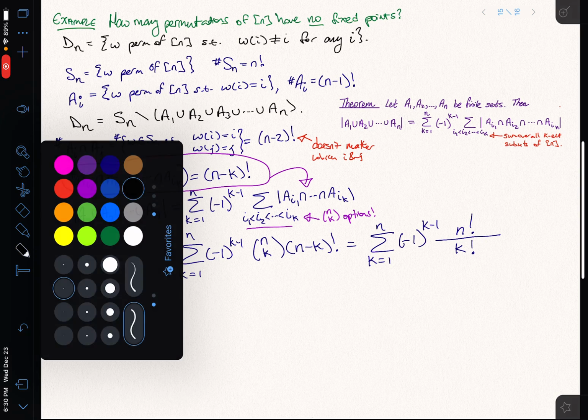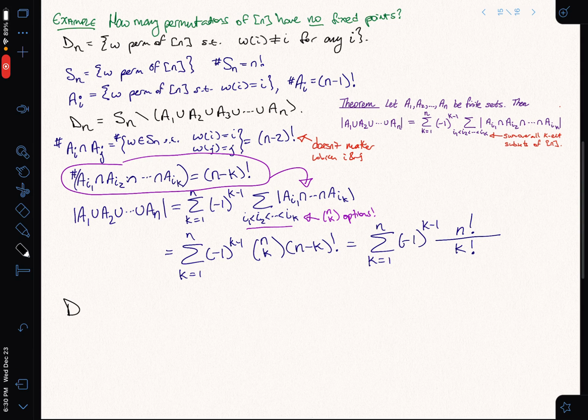Let's get back to the derangement question. So what is the number of derangements? Well, it's equal to the number of permutations minus this amount that we've just found, which is the sum from k equals 1 to n of (-1)^(k-1) n factorial over k factorial. But of course, we know what the number of permutations is.